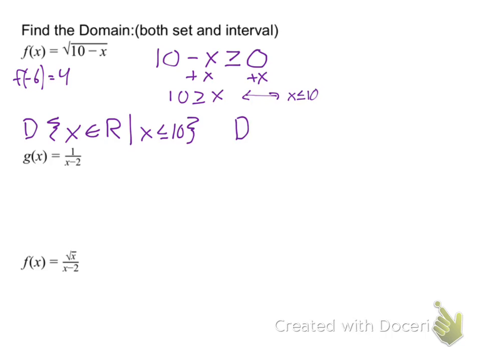Where's negative infinity in reference to 10? The left side. So we're going to put negative infinity on the left, 10 on the right. You can never be at infinity, so that's an easy one. But can you be at 10? Done.